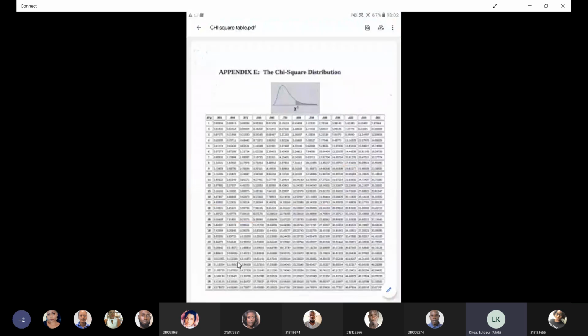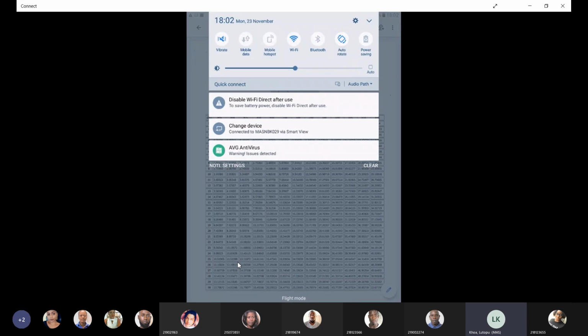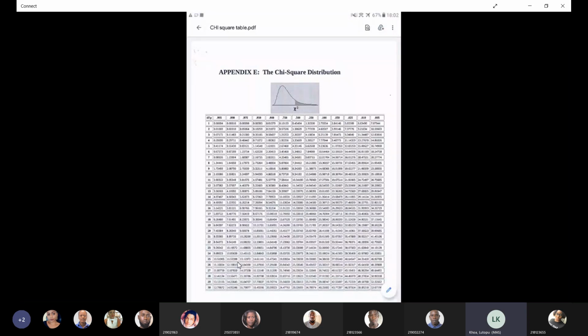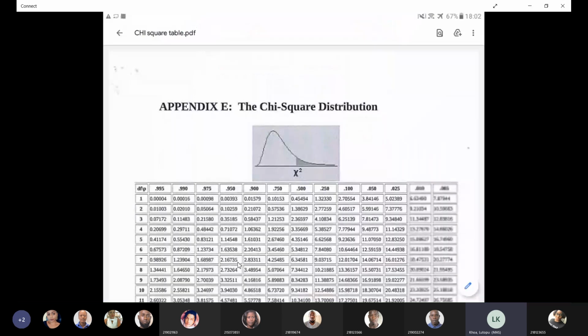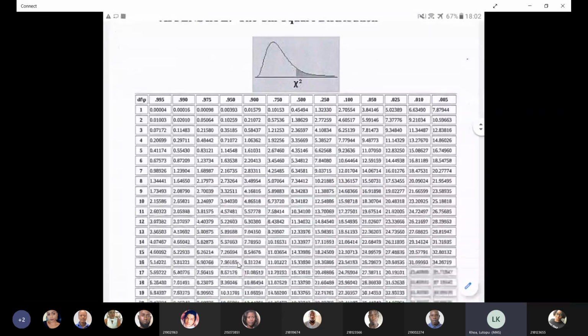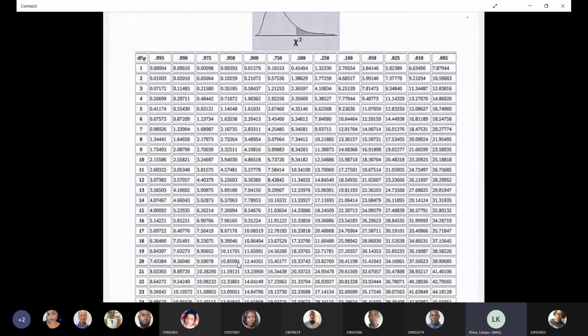Okay, so here is my table. I hope you can see my table. So we said that for the first one, chi-square alpha over 2 is 0.025.